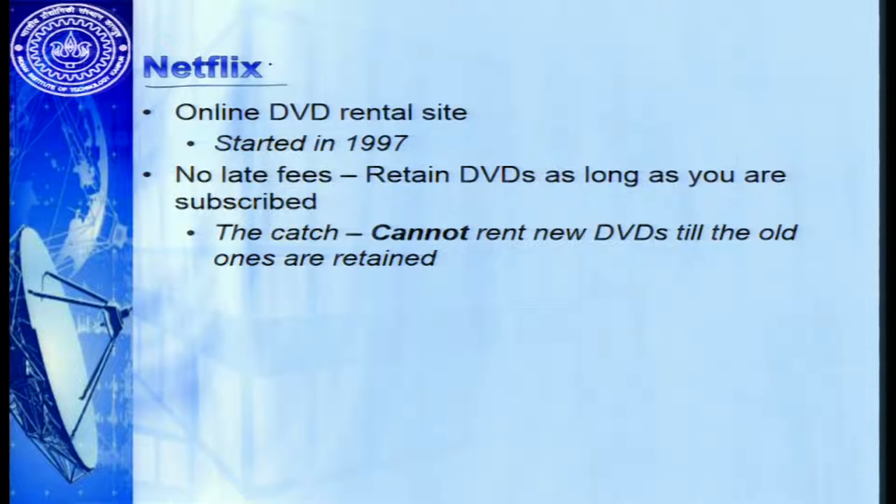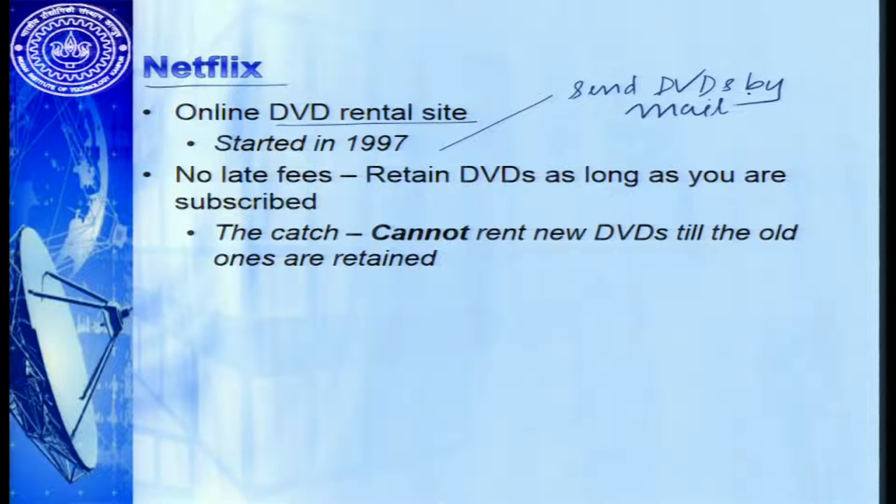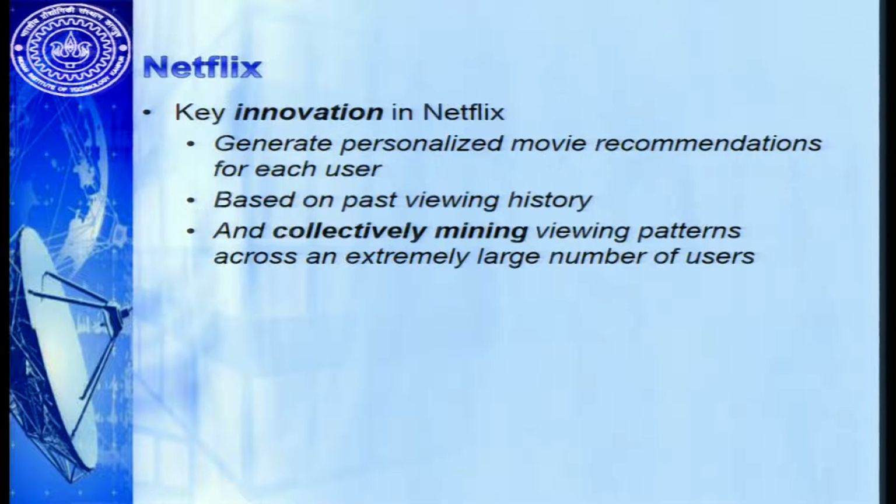Netflix is an online DVD rental site, started in 1997, and its model is that you order DVDs online and they are sent to you by mail for a fee, of course. Once you watch the DVDs, you send them back and you get a new set of DVDs.